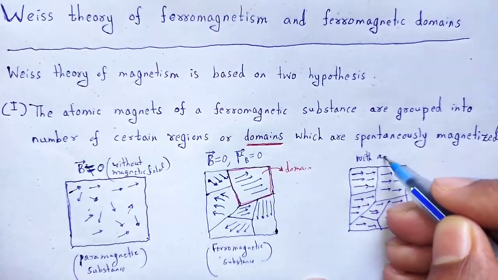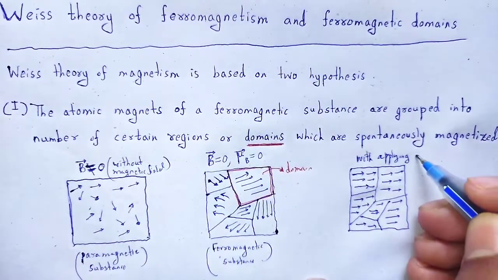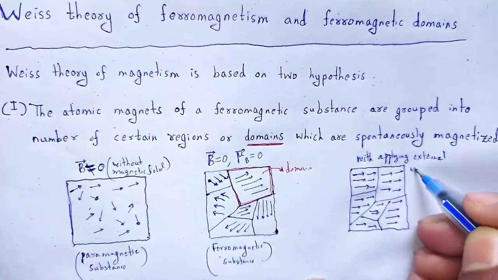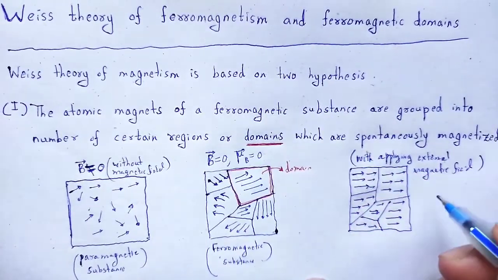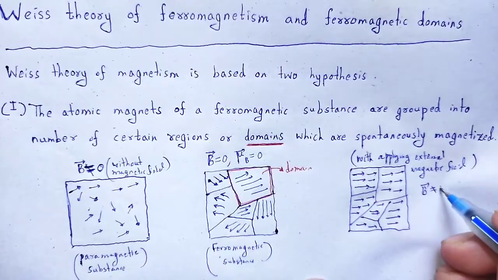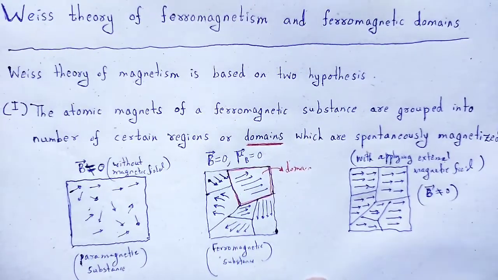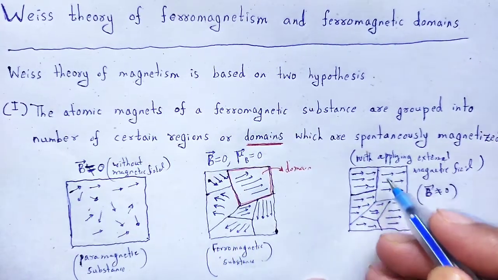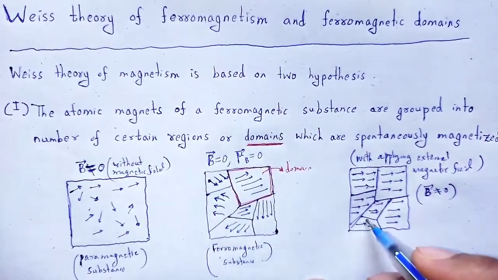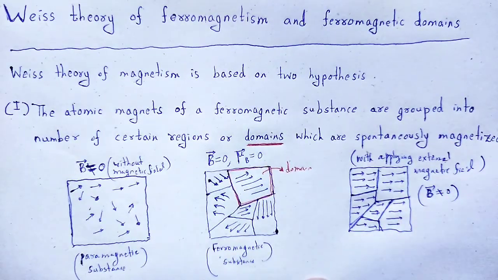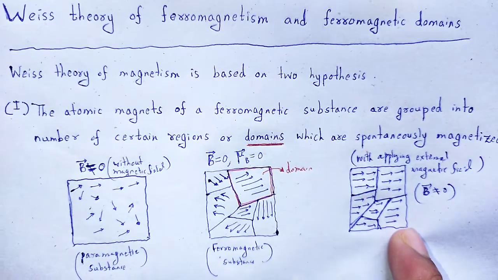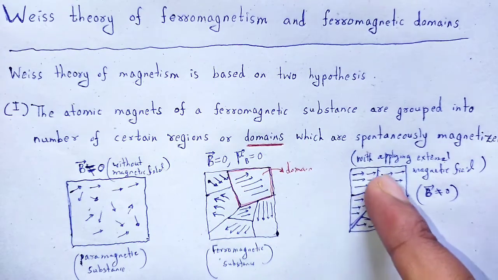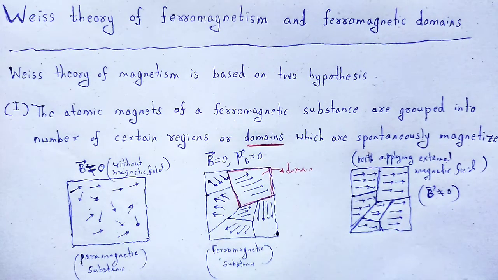With an applied external magnetic field, meaning B not equal to 0, these domains gradually increase. There are different methods, like the displacement of boundaries or the rotation of domains, which are the two ways to increase the size of the domains inside a ferromagnetic substance.